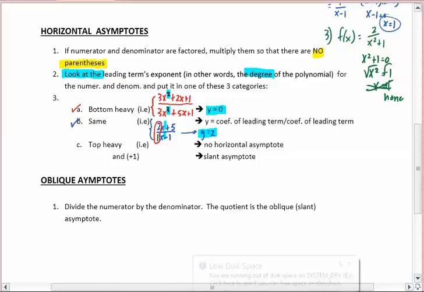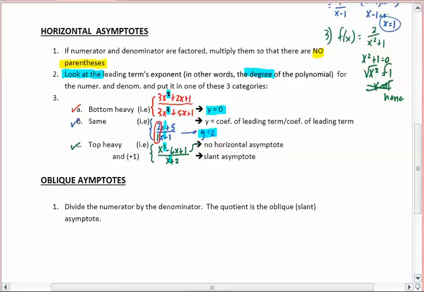If the numerator and denominator are such that it's top heavy, it's going to look like this. Let's say I had something squared over just something to the first power. This is to the second power, and this is only to the first power, that x. So it's top heavy. Here's what that's going to mean: no horizontal asymptote if it's top heavy.